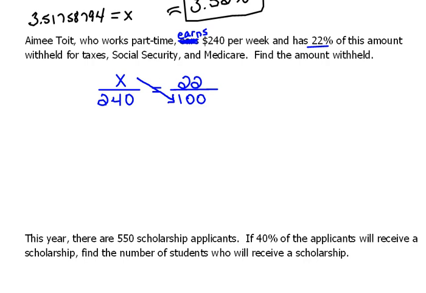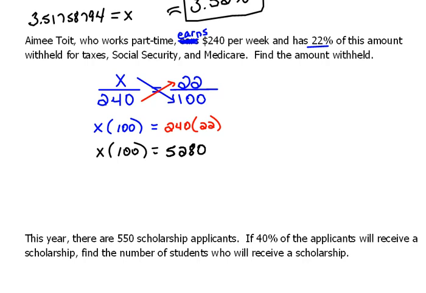So using our cross product, we'll have x times 100 equals the cross product of 240 times 22. And now that leaves us with x times 100 equals, when we do this multiplication here, 240 times 22 would be 5280. And now we don't want x times 100, we want x.